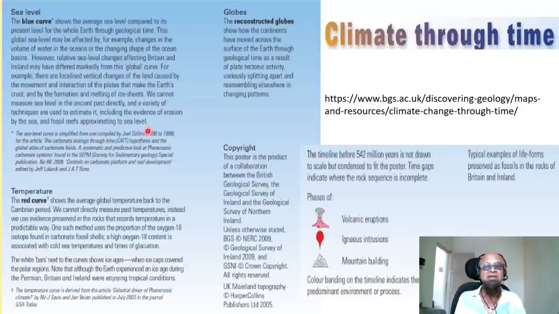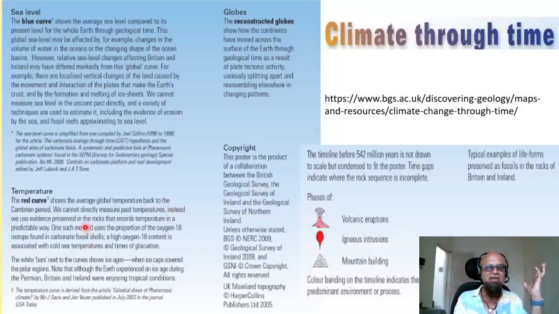So we can estimate anomalies with respect to the present baseline, remember, including evidence of erosion by the sea, fossil reefs approximating sea level, and so on. And so this is detective work again.